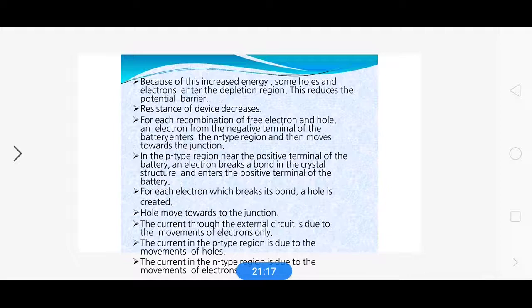If you observe the external supply, the current through the external circuit is due to the movement of only electrons, but inside the PN junction, in the P region the current is due to the movement of holes, and in the N region the current is due to the movement of electrons.